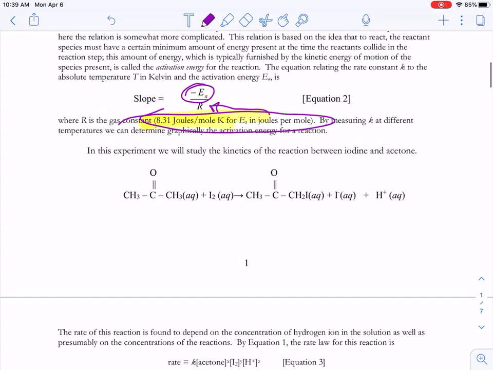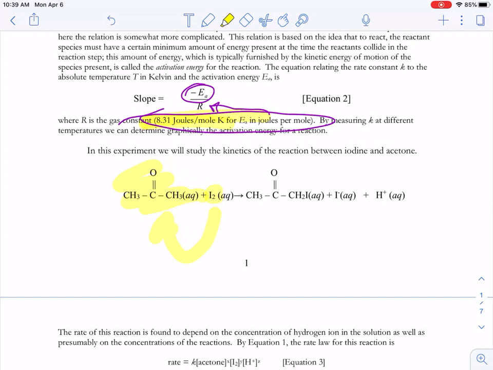Okay. So here's going to be the basic reaction that's going to take place. And this is a situation where, like we talked about on Friday, there are some secondary reactions taking place. But this is the overall reaction. So basically your iodine is going to react with the acetone.